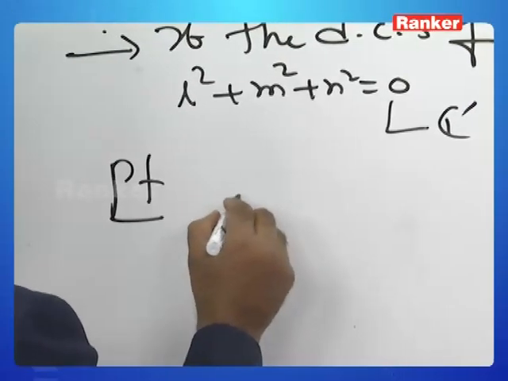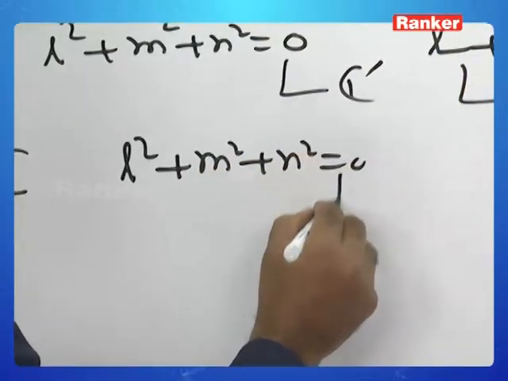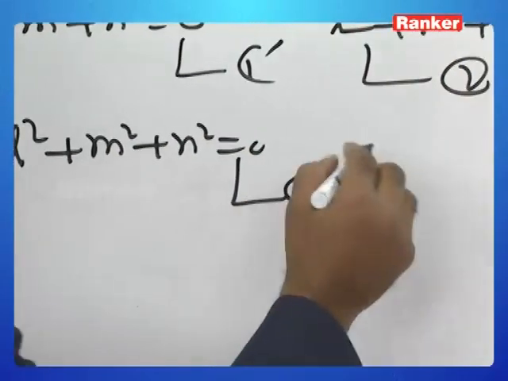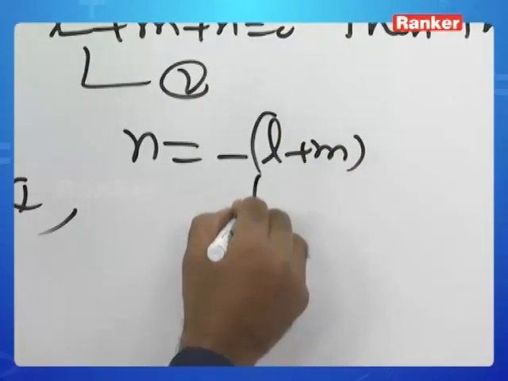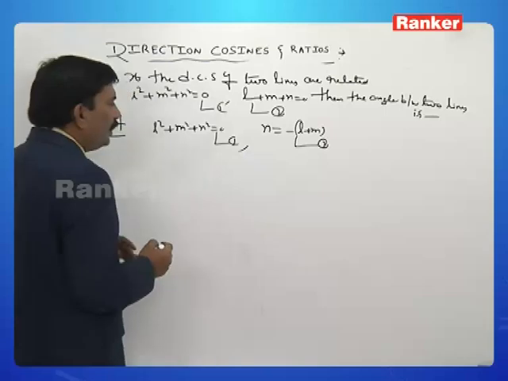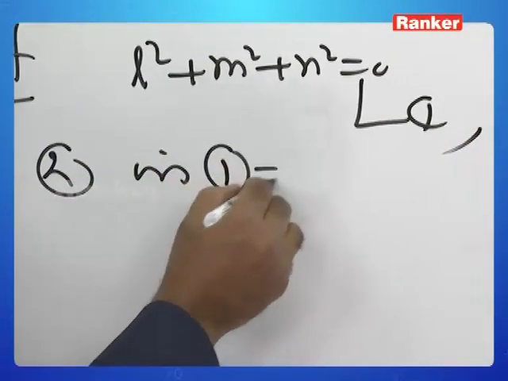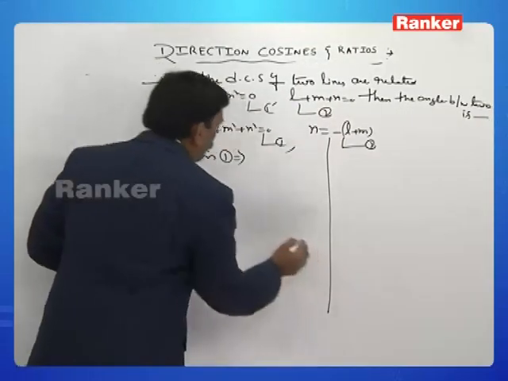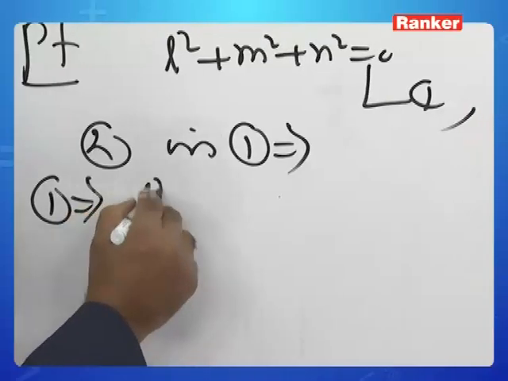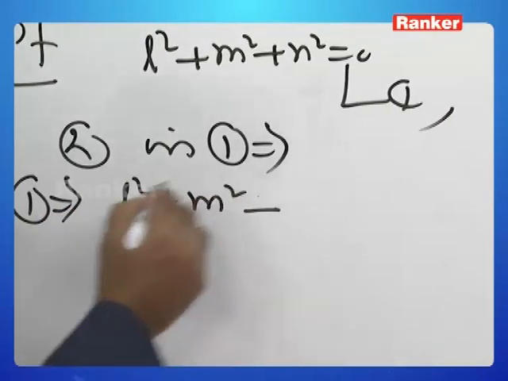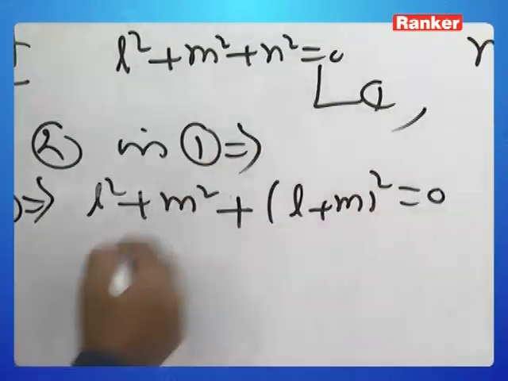Now, what is one? L square plus M square plus N square is equal to 0. Now let us take N is equal to minus of L plus M. You take it as 2. You substitute 2 in 1. So therefore, 1 implies L square plus M square plus L plus M whole square is equal to 0.